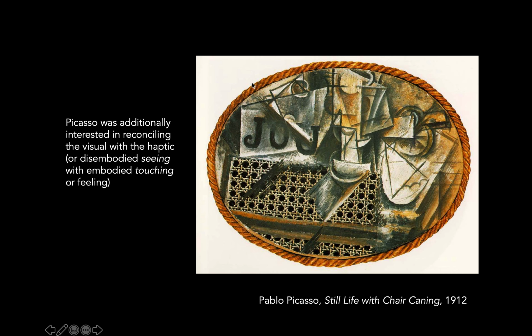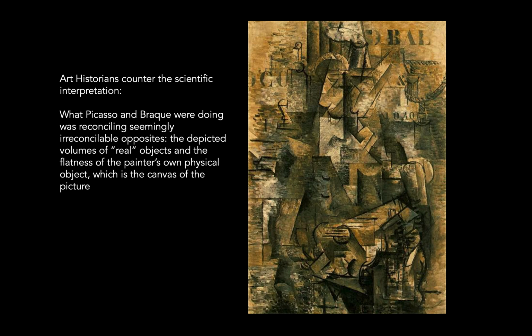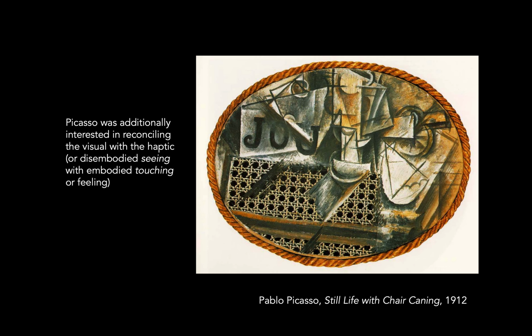And so what you have with Still Life with Chair Caning, it's an oval canvas, and it's still using some of the earlier fragmentation of the cubist style, but he's also added foreign objects that are not really considered to be art objects. So one is a rope. Notice the rope is basically providing the frame, and another is an oilcloth reproduction of chair caning. So think of outdoor furniture or something like that.